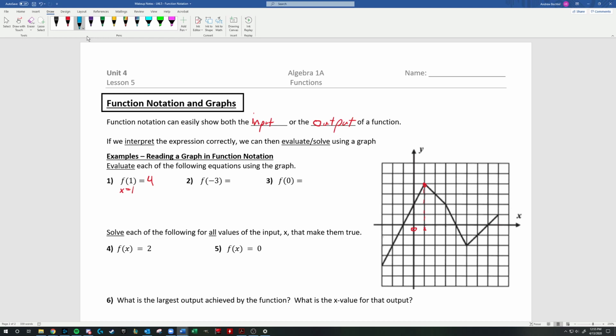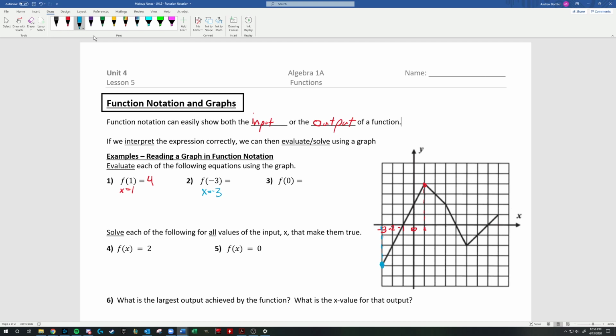What about f of negative 3? Well, again, this negative 3 is in parentheses, so it's our x value. We're going to look at the x-axis again. I'm going to number this for us. This is going to be negative 1, negative 2, and negative 3. We're looking at x equals negative 3, and again, we look up or down until we find the line.